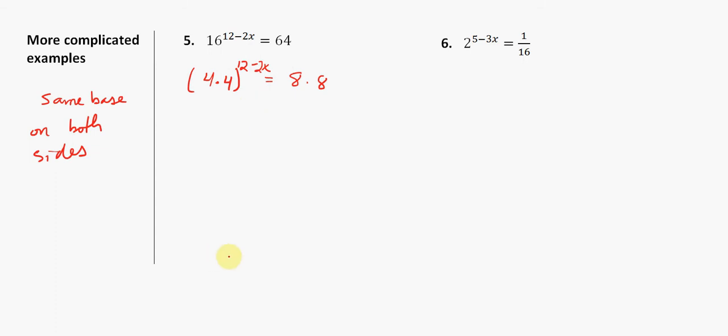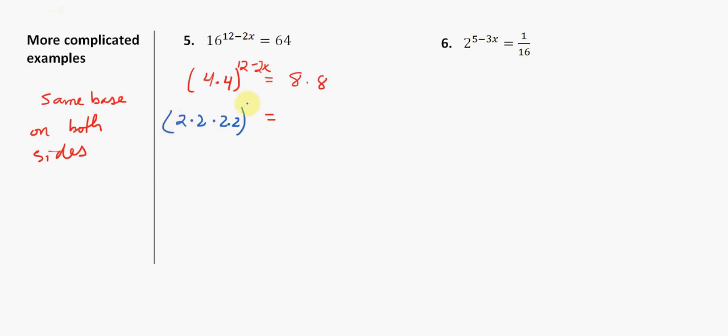Okay. So now I can continue on a little bit further because 4s and 8s have a common power. So let's start with the left side of the equation. Each of these 4s is just 2 times 2. So I have 2 times 2 for the first 4, and then another 2 times 2 for the second 4. All right.